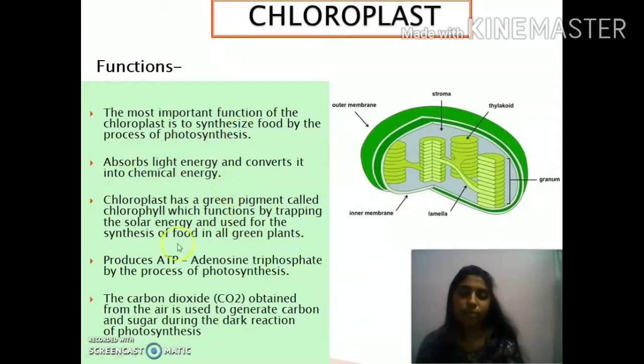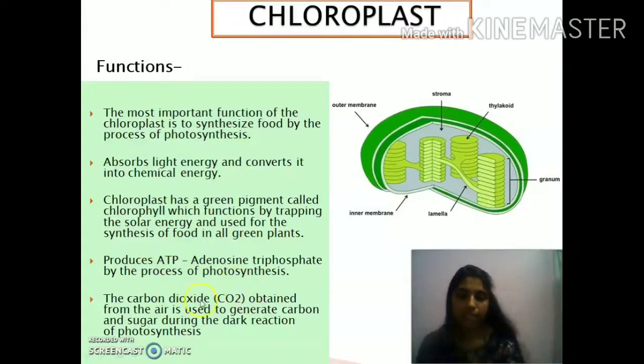Next, it also helps in the production of ATP, that is adenosine triphosphate. What is ATP? It is nothing but the form in which the energy is stored within our body. Clear? And so it is also termed as the energy currency of our cell. That means the chloroplast also helps in the production of ATP by the process of photosynthesis.